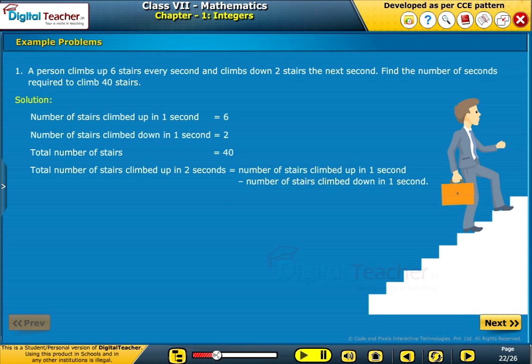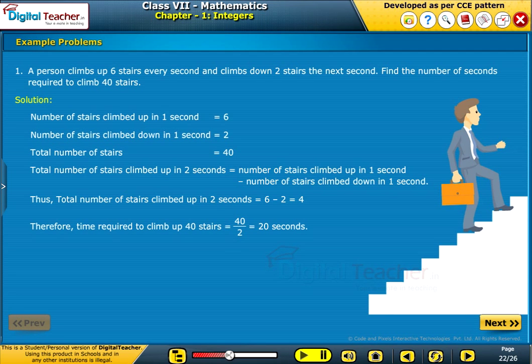Total number of stairs climbed up in 2 seconds is equal to the difference between number of stairs climbed up in 1 second and number of stairs climbed down in 1 second. Thus, total number of stairs climbed up in 2 seconds is equal to 6 minus 2, which is equal to 4. Therefore, time required to climb up 40 stairs is equal to 40 by 2, which is equal to 20 seconds.